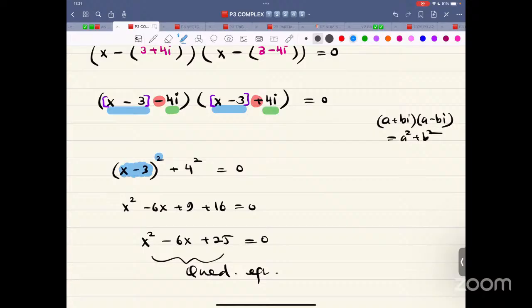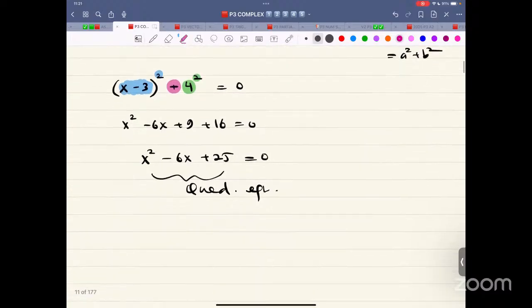This is a squared. And this is 4i. Just take the coefficient, that is 4, and square it. The i squared is already taken care of. So this i into this i and this plus and minus, that's already taken care of. So this is the same conjugate thing. So now we get the quadratic equation.